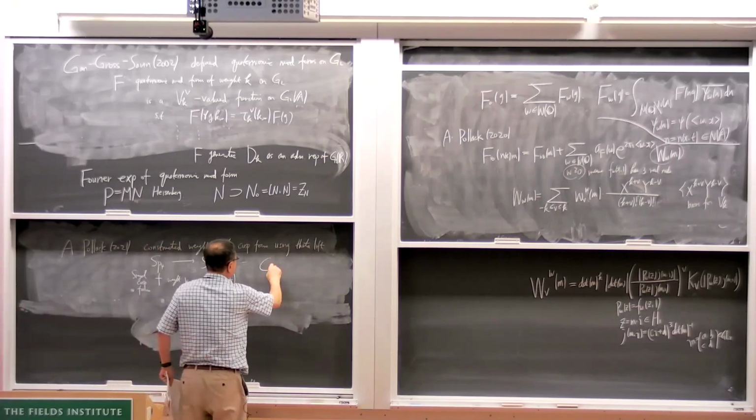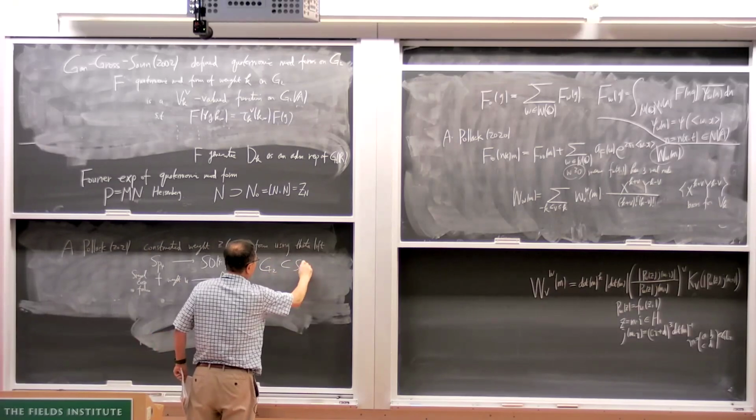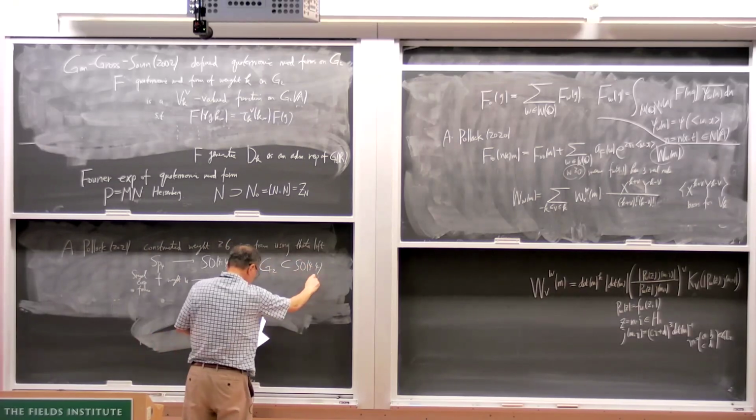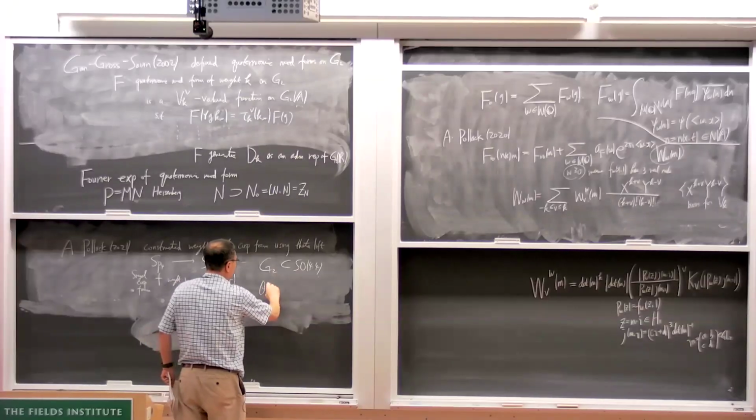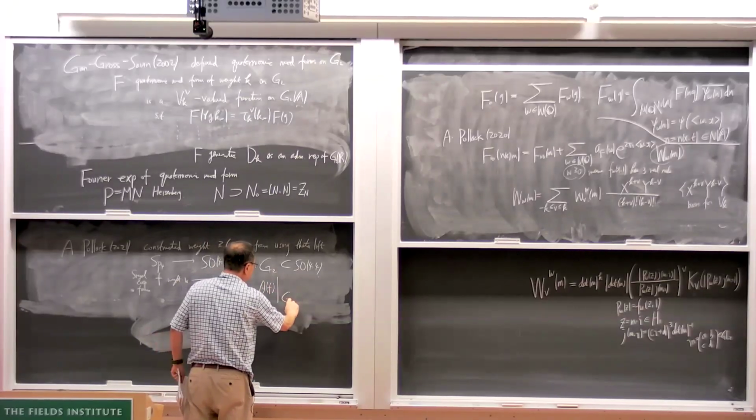And then G2 is a subgroup of SO(4,4). So then you can restrict to G2.